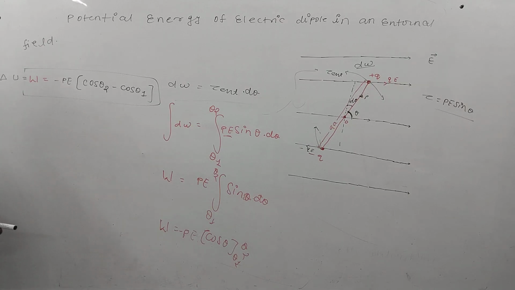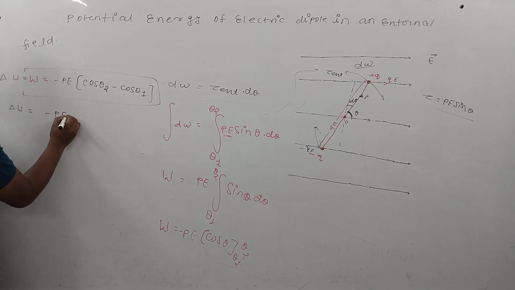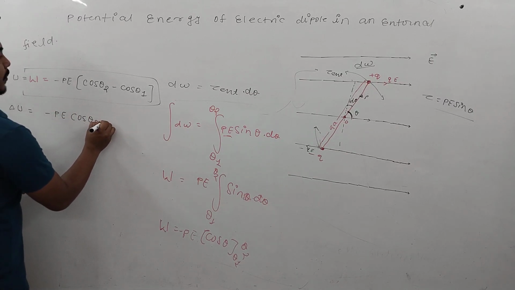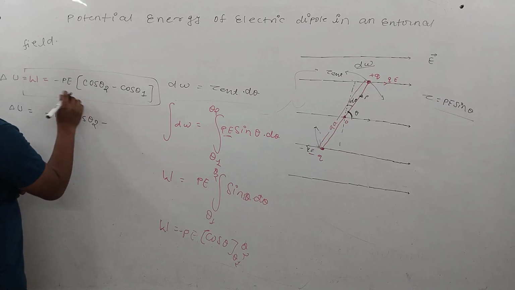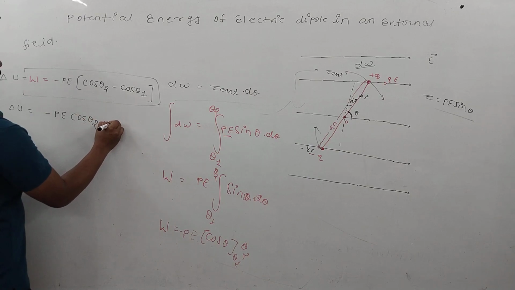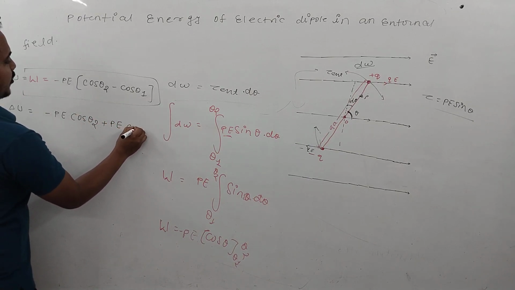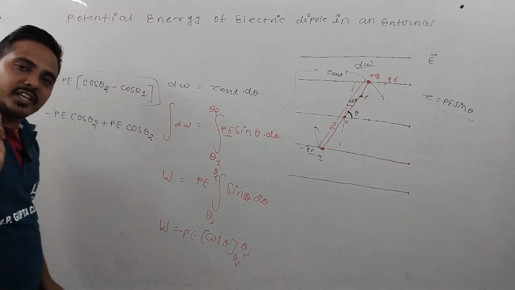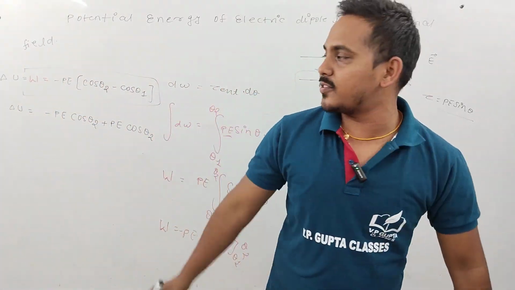Now if you separate this, delta U is equal to minus pE cos theta 2, and minus into minus becomes positive, plus pE cos theta 1. This is delta U, the change in potential energy.